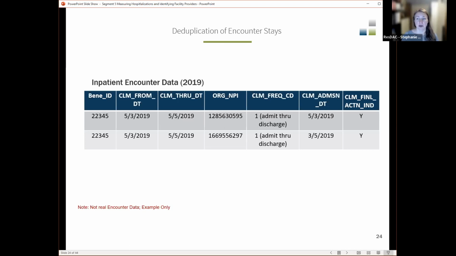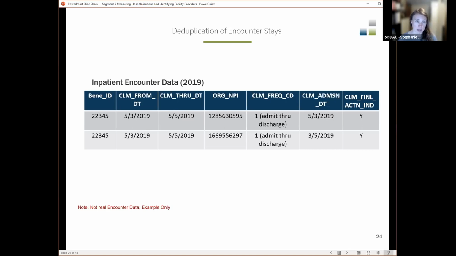There's a question about what claim from and claim through indicate and how it's different from admission and discharge. Now, I'm going to talk about fee for service because that's where I'm most comfortable, and I assume that a lot of it will translate to encounters. The claim from is when services started. In prospective payment, for example, if you had an emergency room stay for chest pain, and then you were admitted 2 days later for MI related to the chest pain, those should be bundled together.